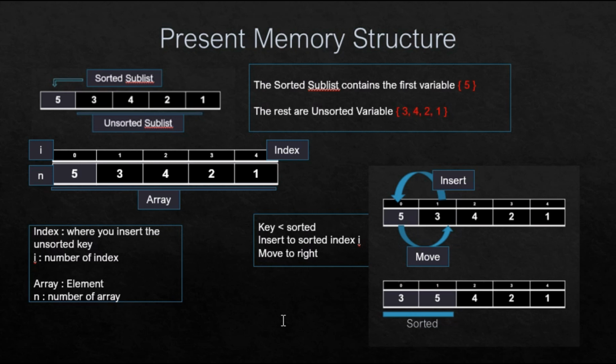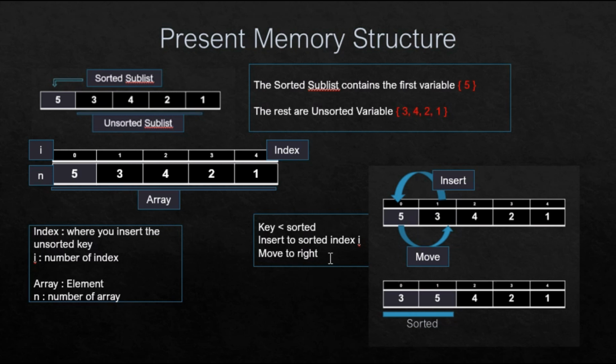Yung sorted sublist is kung saan tayo mag-arrange ng mga unsorted elements. And yung unsorted sublist naman is yung hahanapin natin ng right position sa sorted area. Sa taas ng array, meron tayong makikita na index, which is yung 0, 1, 2, 3, tsaka 4. And yung array, yun yung mga elements natin.